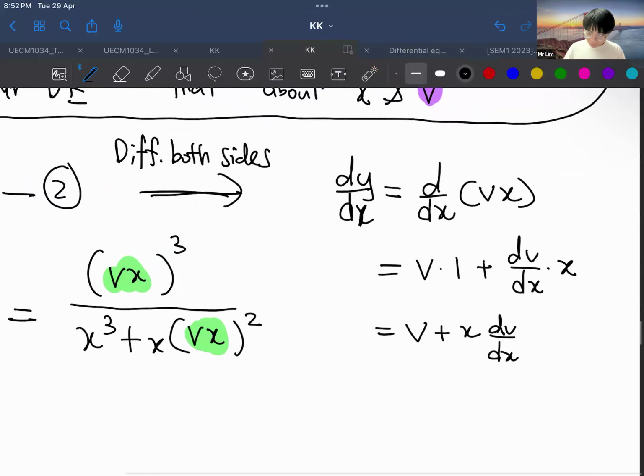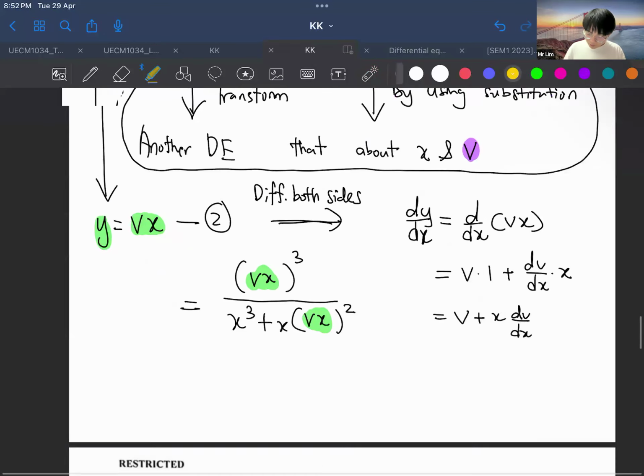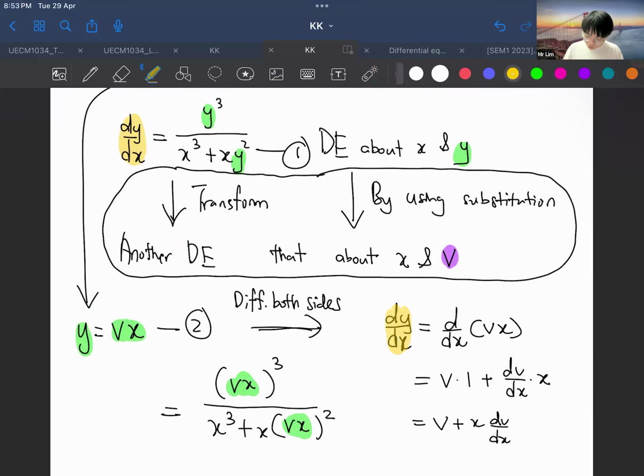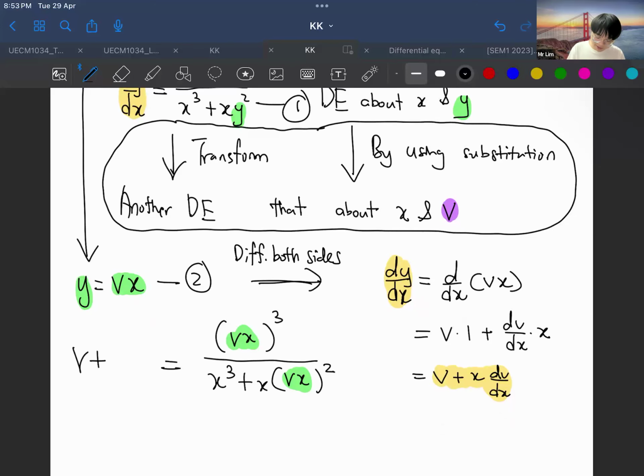What I'm doing here is basically telling you what you have to replace for the yellow color part, dy dx. I'm going to replace it with v plus x dv dx. I put exactly the same thing on the left-hand side.